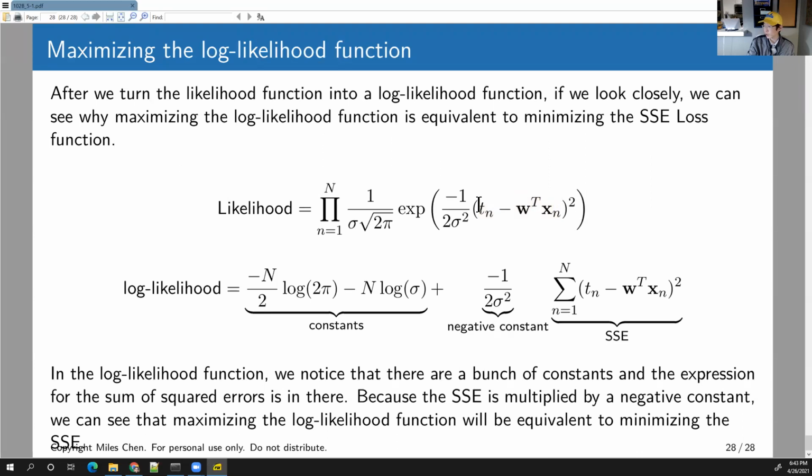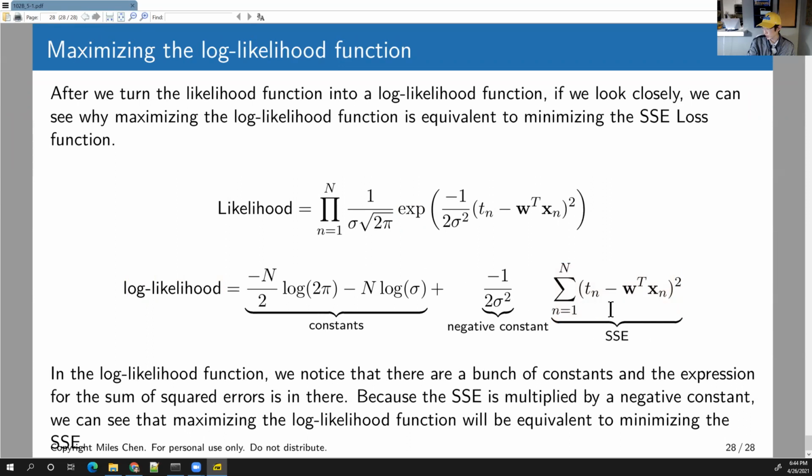When you take the log likelihood of all of this, as far as W goes, here we've got constants, here we've got constants. And then in the log likelihood, we take the log of the exponent, so that just drops out, and now we have basically the summation of this, and this is multiplied by a negative here, right?